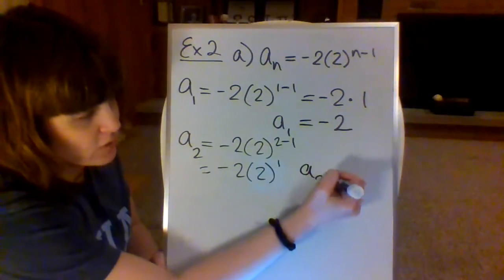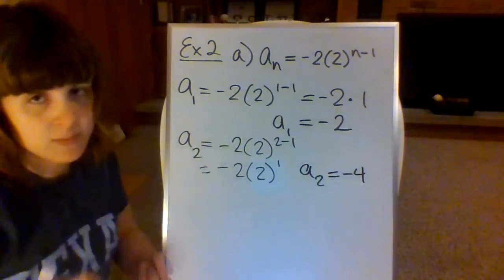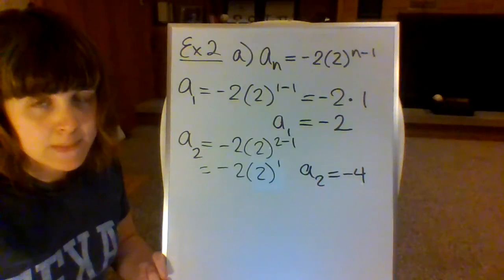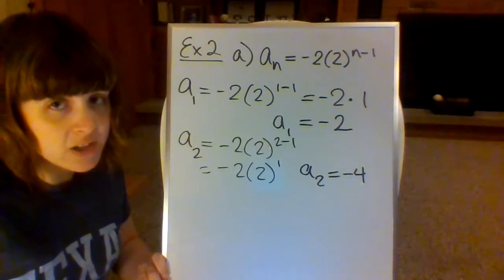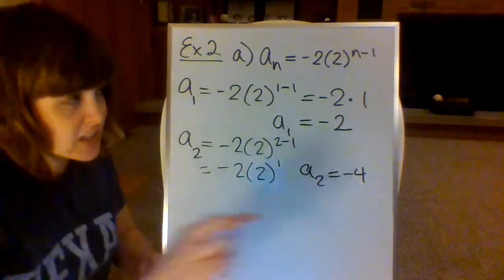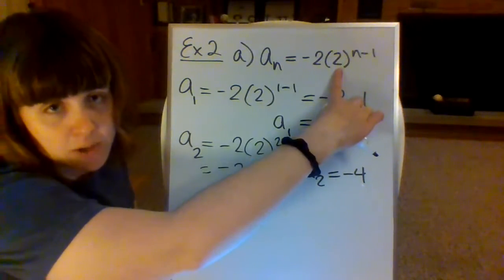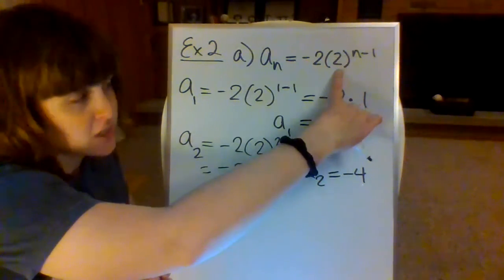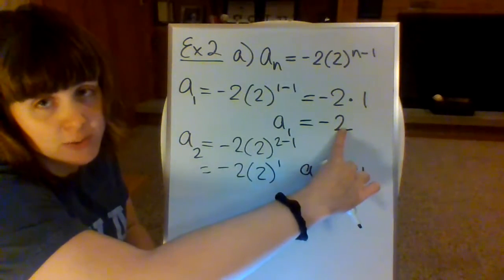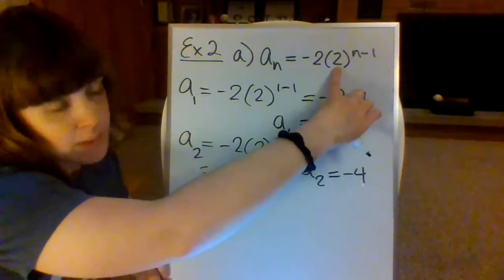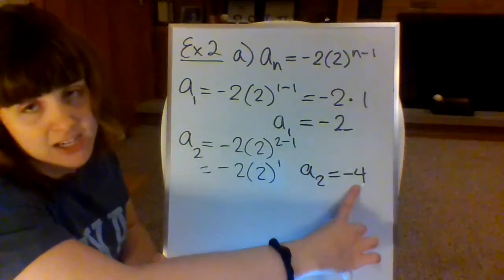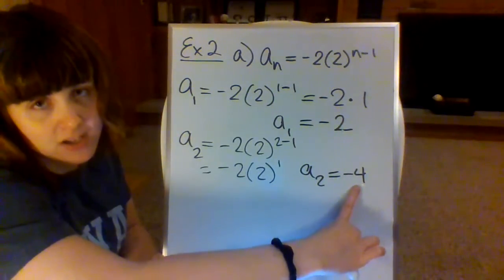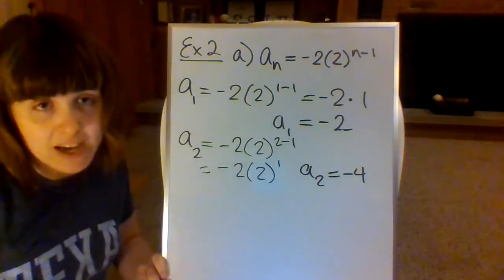So A2 is -4. Okay, now that also shouldn't be a surprise, because this number here is the ratio, what you're multiplying by each time to get the next number. So we could have taken our -2 that we found here, multiplied it by 2, and we would have arrived at the next term, negative 4. So we don't have to do it the long way every single time.